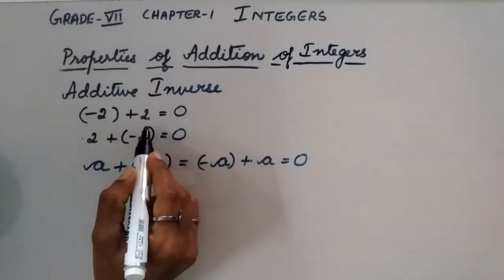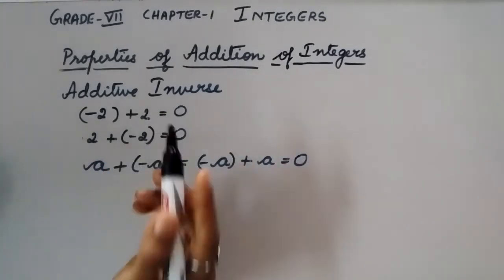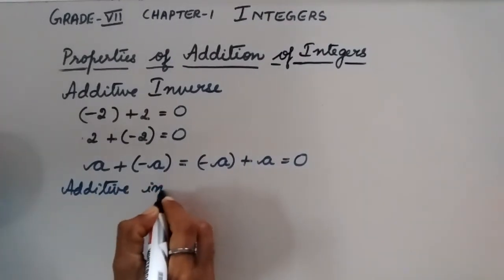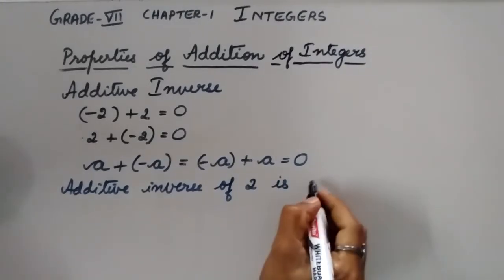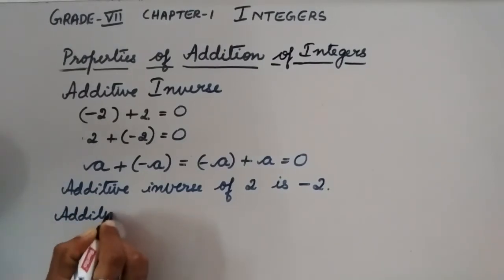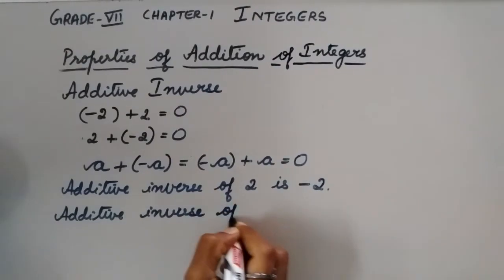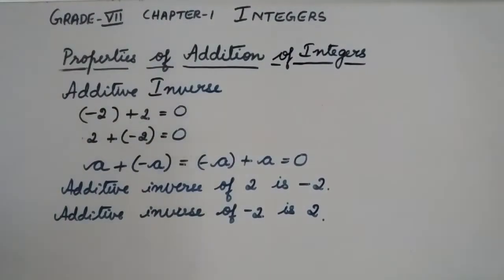Now see in this example, the additive inverse of 2 is minus 2, and the additive inverse of minus 2 is 2. Is this clear, students?